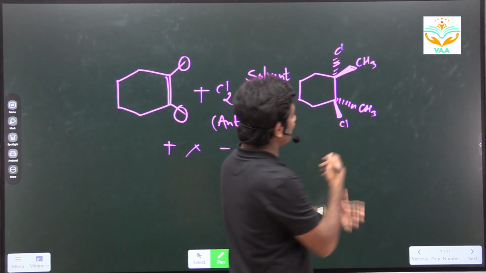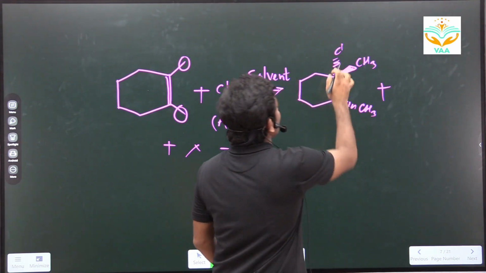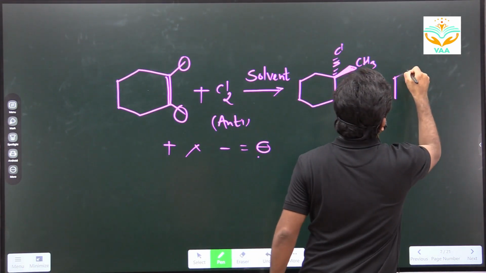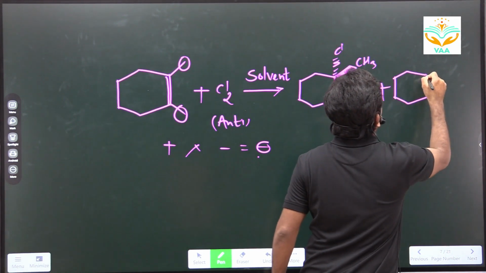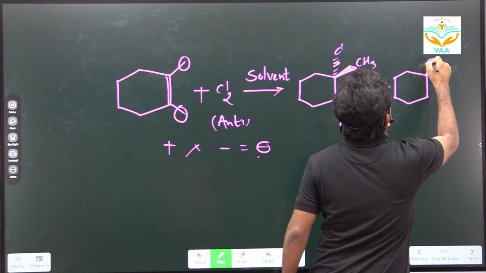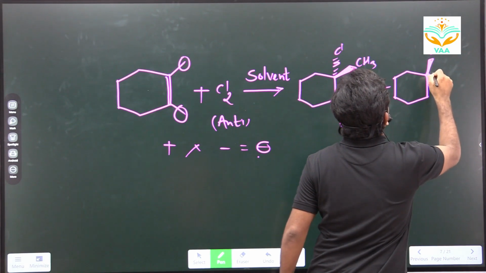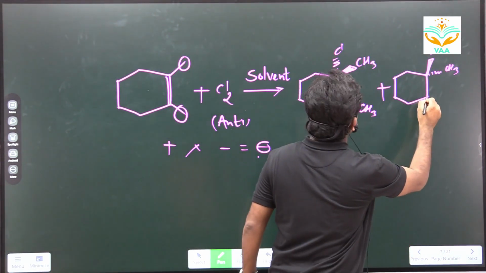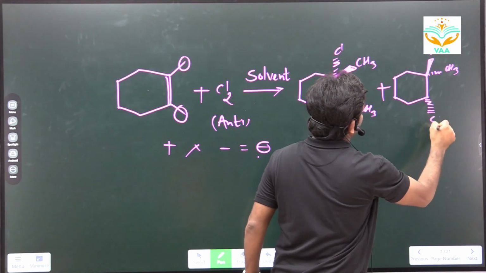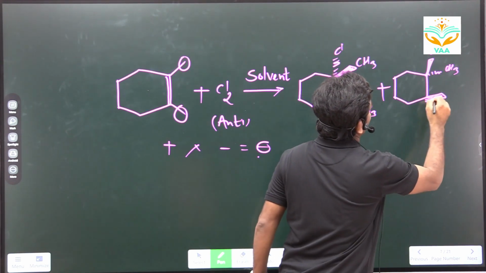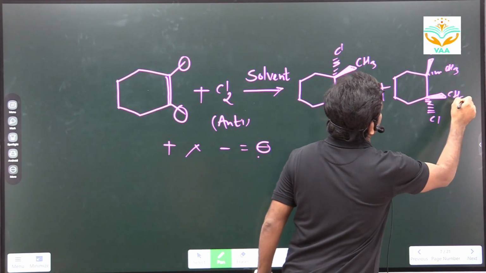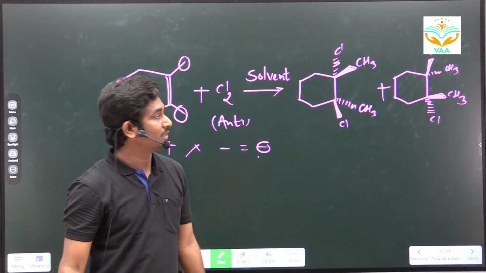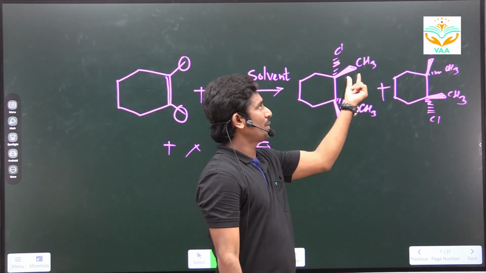Right? So what is the other product? In the same way, if here chlorine is below the plane, now write it above the plane, Cl, and here methyl is below the plane. Okay. And here Cl is below the plane and methyl is above the plane. Right?